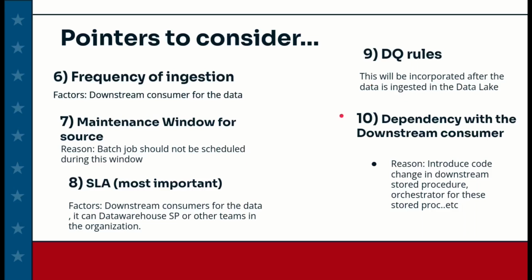Next would be the dependency with the downstream. The ingestion of a new data source can introduce code change at the downstream stored procedure or at the orchestrator. Say, for example, a scenario wherein the newly ingested object is going to be used by the downstream stored procedure to enrich the existing business logic.